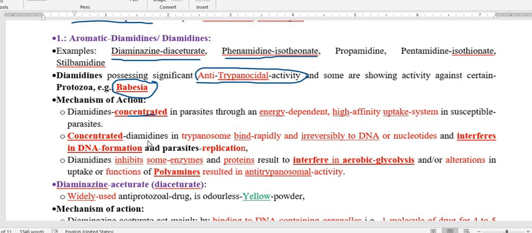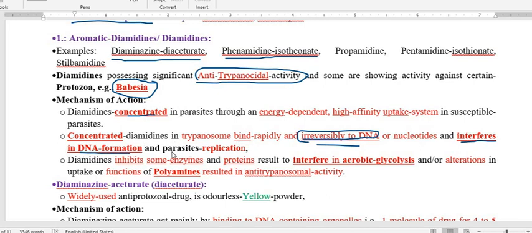Diaminazine diaceturate gets concentrated in the parasite, and when it reaches the trypanosoma, because of this concentration, it binds rapidly and irreversibly with the DNA.